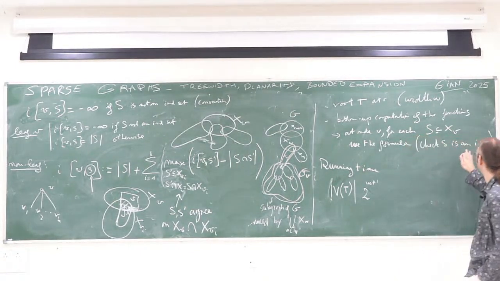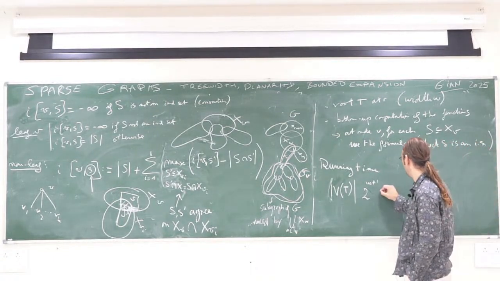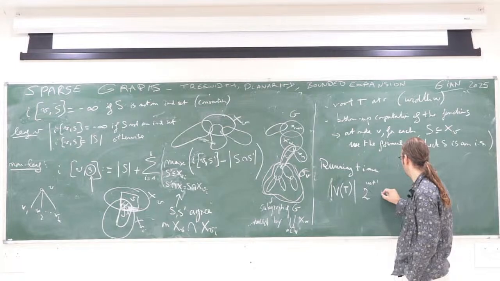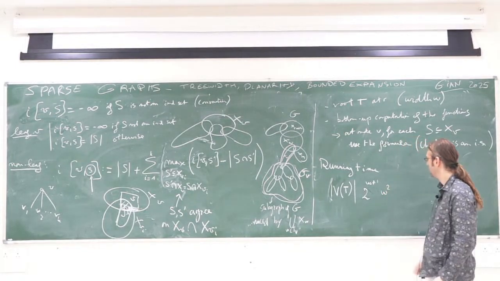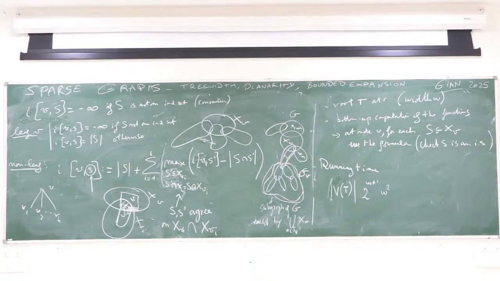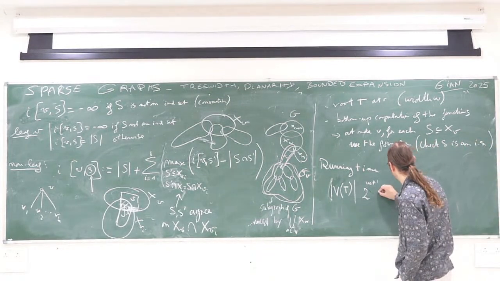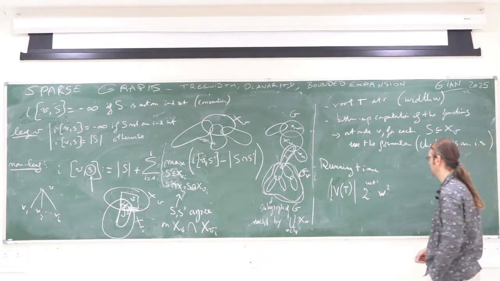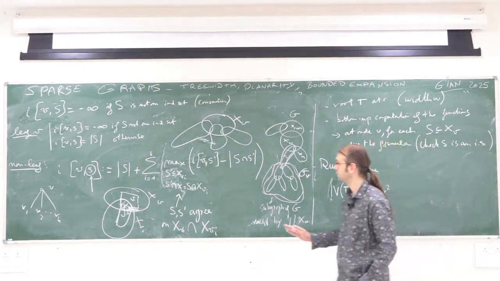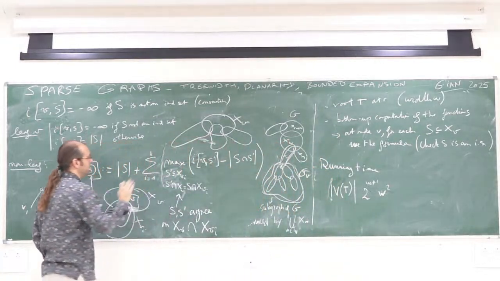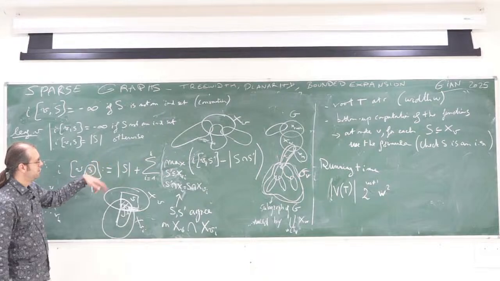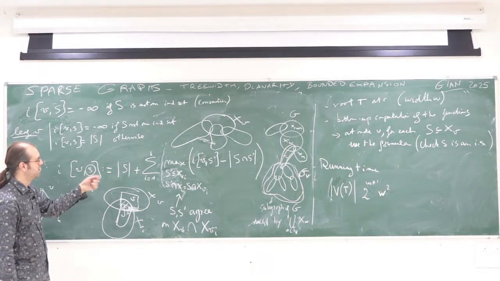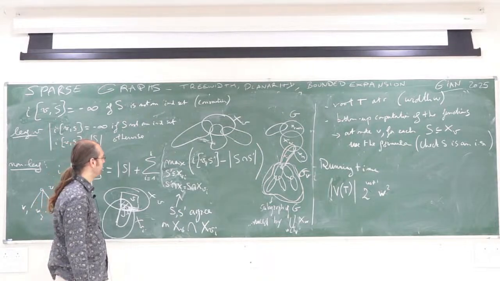For each of them, you have to check the independent set condition, which you can maybe do in bag size squared, so w plus 1 squared, because you just have to check all the edges, that there is no edge inside S. Okay, but then you have to go through all these possible choices.